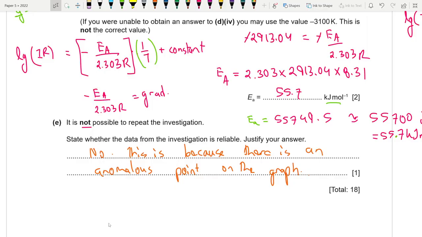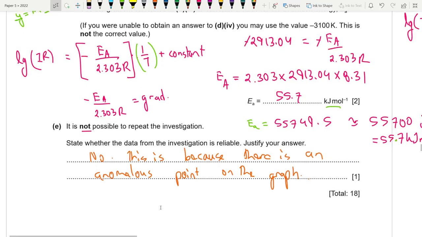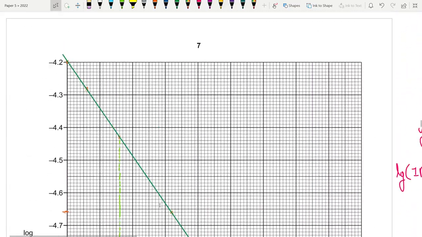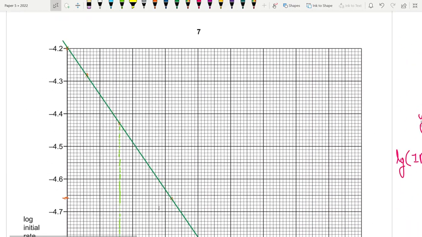So no, this is because there is an anomalous point on the graph, and also because they didn't mention it over here, but we were not able to repeat it. But you will find two questions typically, like looking at the points on the graph, figure out whether it was reliable.